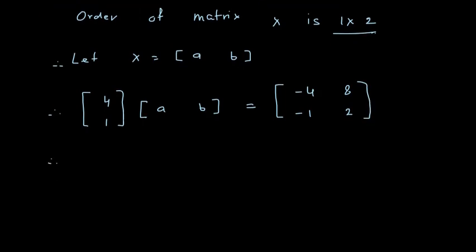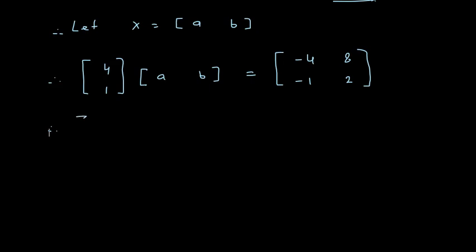So therefore here we have 4 into a, that is 4a, then 4 into b is 4b, then 1 into a is a, then 1 into b is b. This is equal to minus 4 8 minus 1 2.